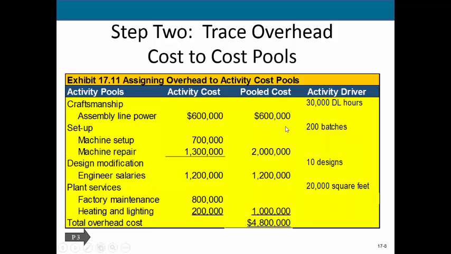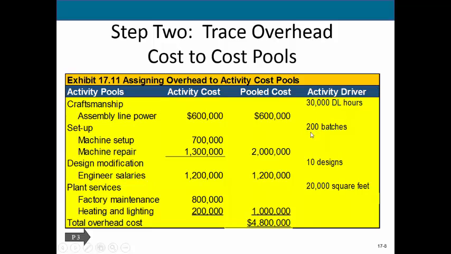So by pooling these costs, we're reducing the number of activity drivers that we have to find, because rather than finding a driver for each specific activity, we can pull them together into things that we think are related, and then we can use those activity drivers. So you can see here our craftsmanship, we are going to be allocating that based on direct labor hours.